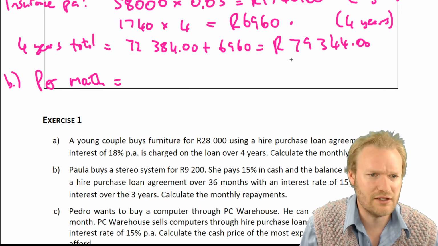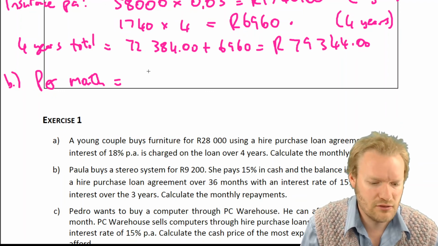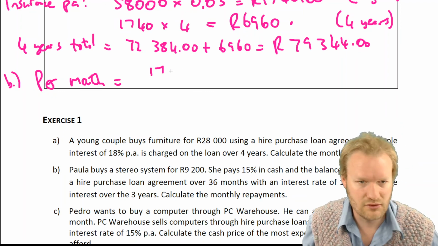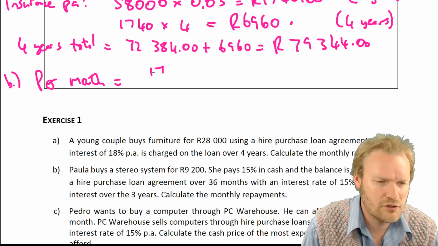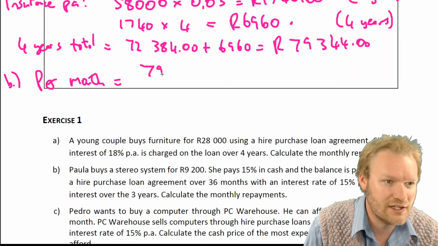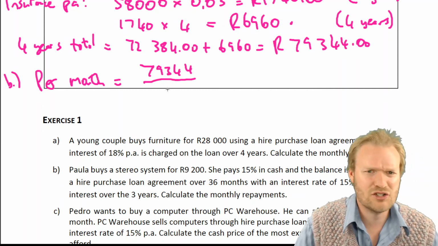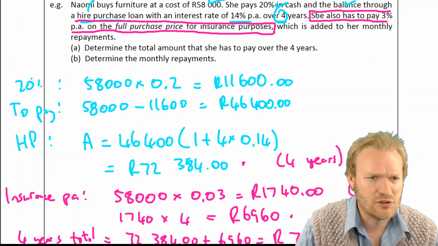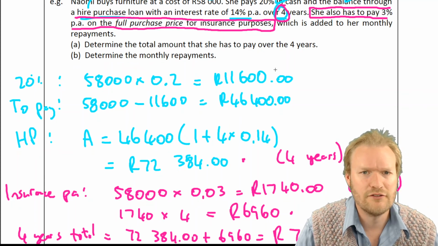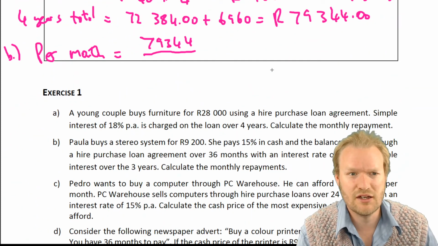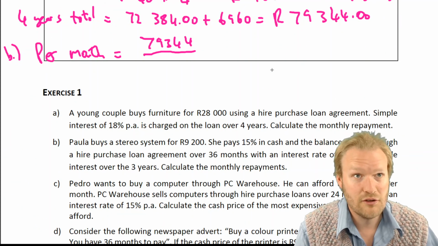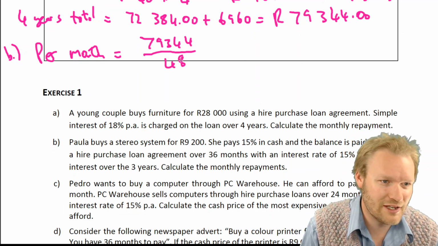Well, per month then is that full amount, 79,344, divided by the total number of months. Now it was 4 years, so 4 years, 12 months in a year, 4 times 12, 48.